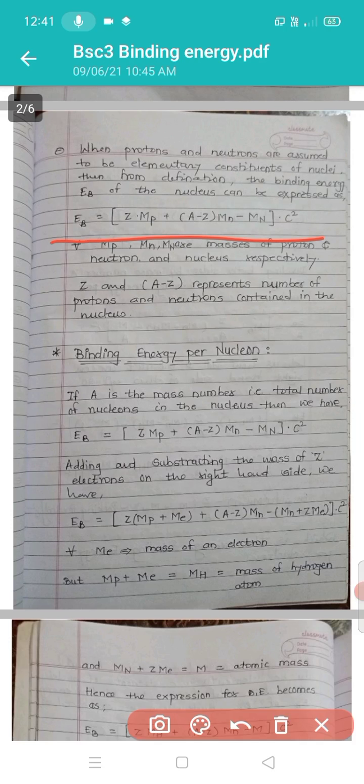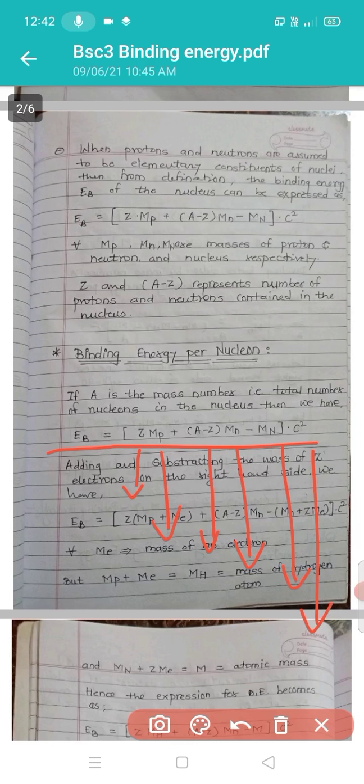If A is the mass number, that is the total number of nucleons in the nucleus, then we have the formula EB = [Z Mp + (A − Z) Mn − M] c², where Z is the number of protons, Mp the mass of the proton, A − Z the number of neutrons, Mn the mass of the neutron, M the mass of the nucleus, and c the velocity of light.